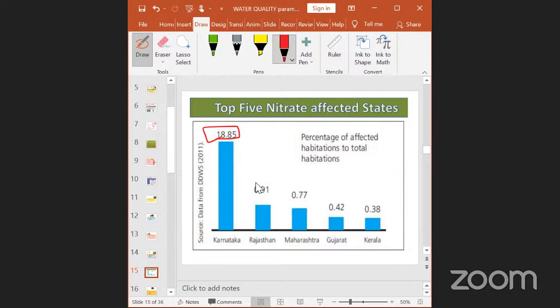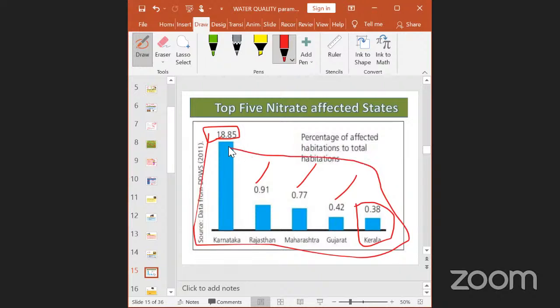And Rajasthan is 0.91, Maharashtra is 0.77, Gujarat is 0.42, and lastly Kerala. Kerala is the least, that is 0.38, right? So these are the 5 mostly affected states for nitrates.